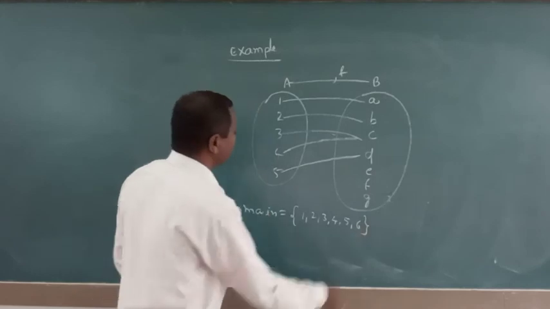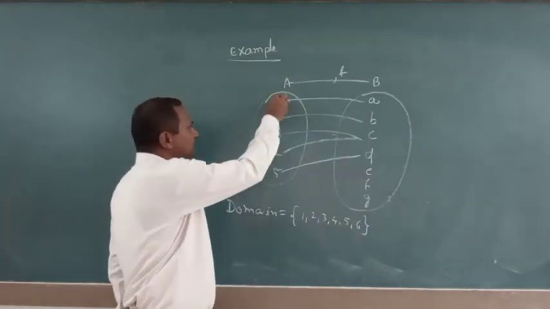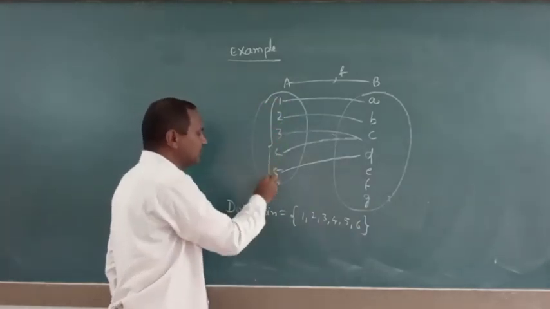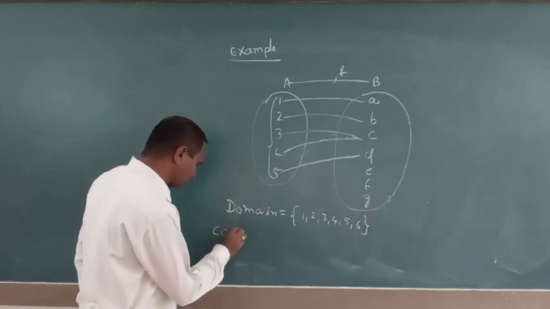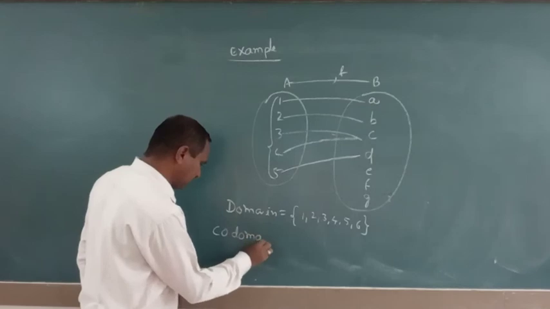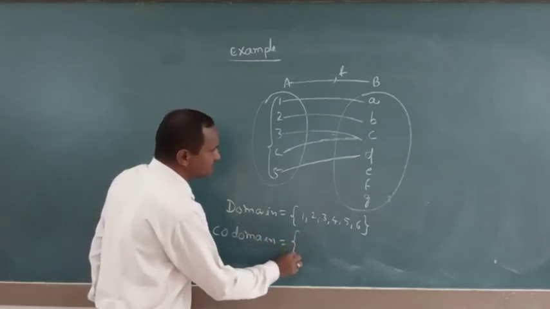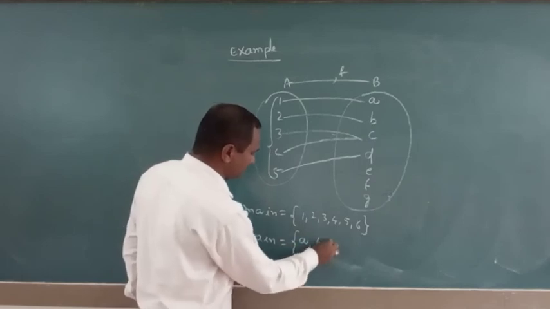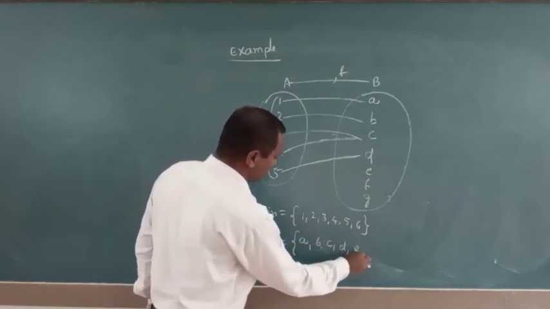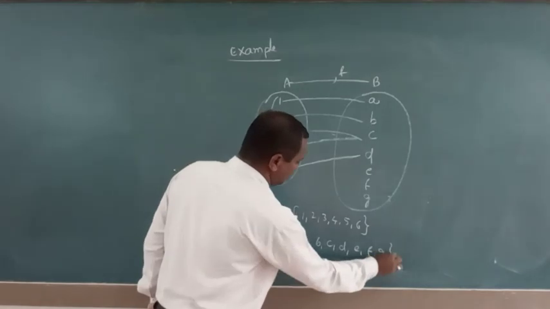The mapping should be finished from all the elements of set A. Next, codomain. Codomain is the whole set B: a, b, c, d, e, f, g.